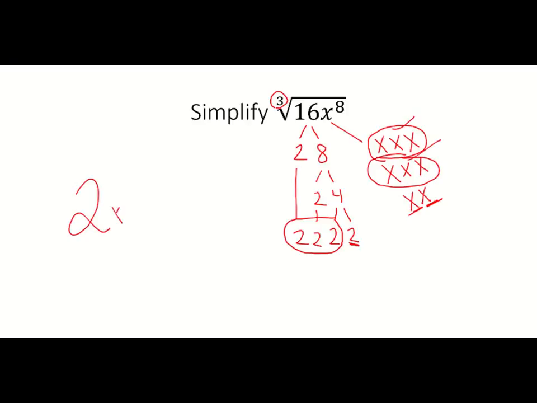That would be x squared. On the inside of the cube root, I did some underlining. There's a 2 and 2 x's. That would be x squared. So cube root of 16x to the 8th becomes 2x squared, cube root of 2x squared.